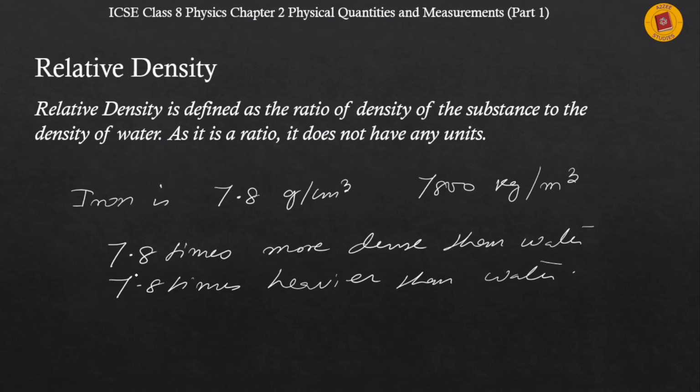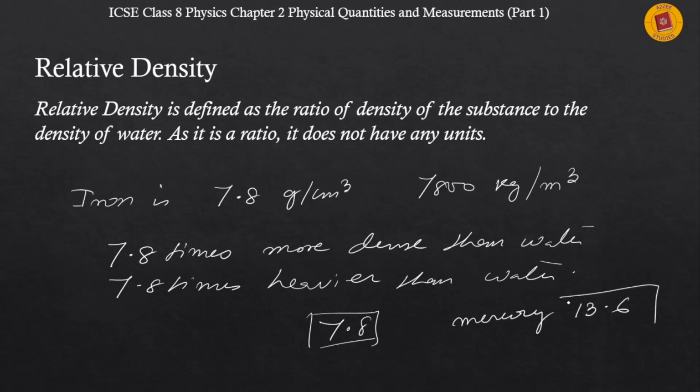So when we tell the relative density, we just say the relative density of iron is 7.8, or the relative density of mercury is 13.6.